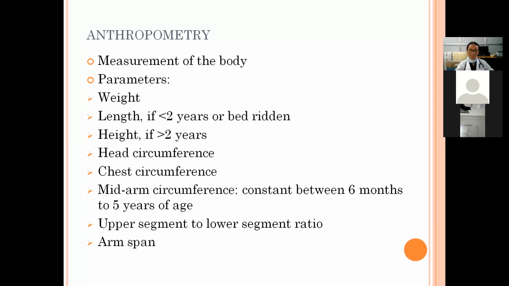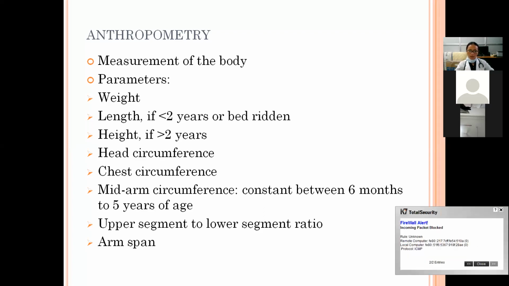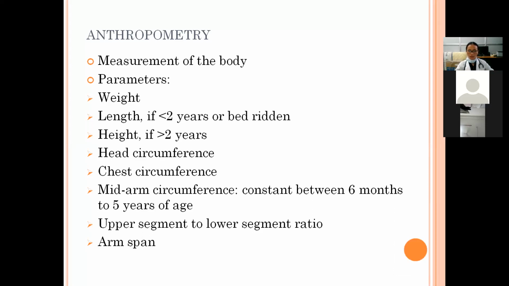Then you take the head circumference, the chest circumference, and the mid-arm circumference. Mid-arm circumference is supposed to be constant between the age of 6 months to 5 years. So mid-arm circumference is also a parameter to describe severe acute malnutrition. Then you take the upper segment to lower segment ratio, and finally the arm span.